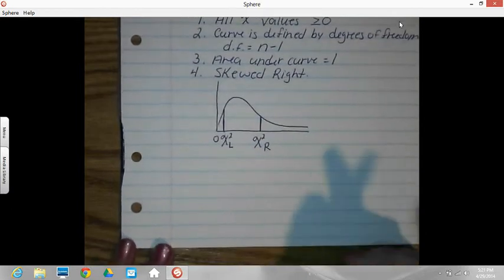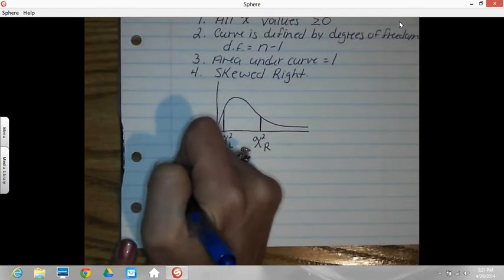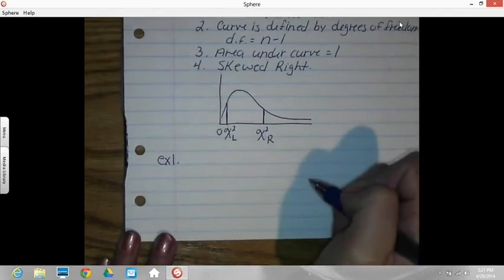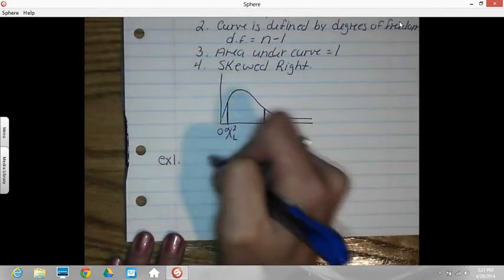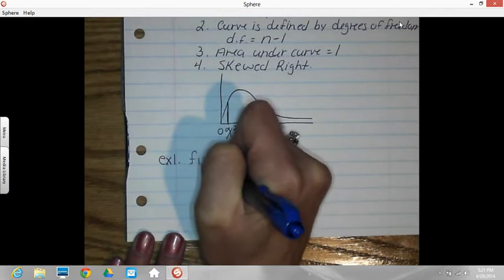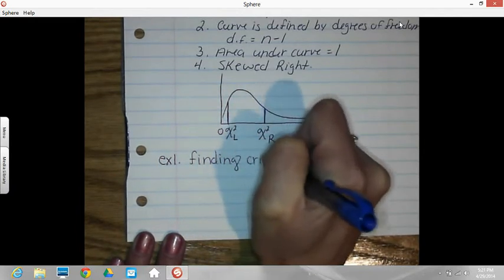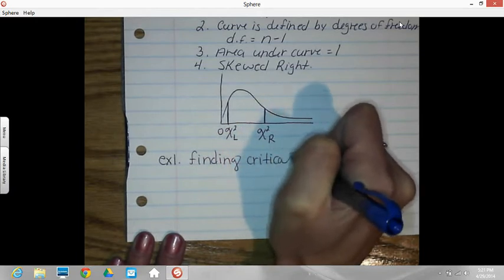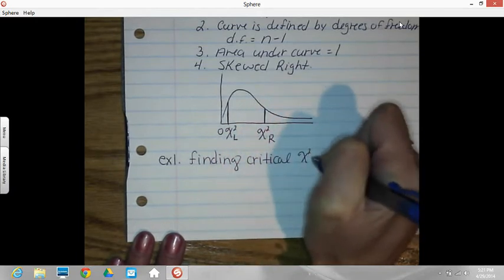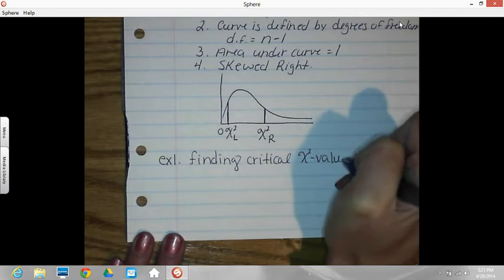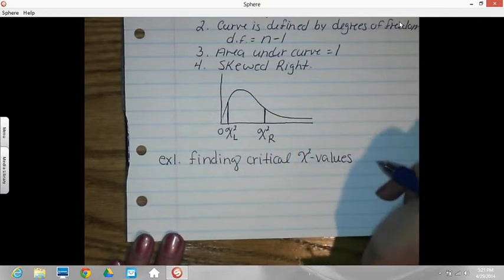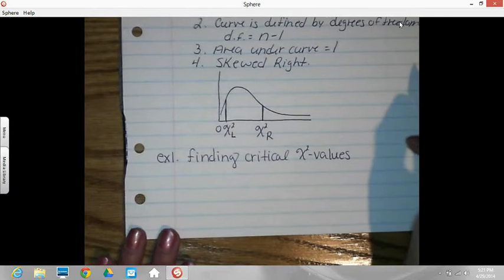So our first example is finding the critical chi-squared values. Okay, the chi-squared table is only in one spot in the book.